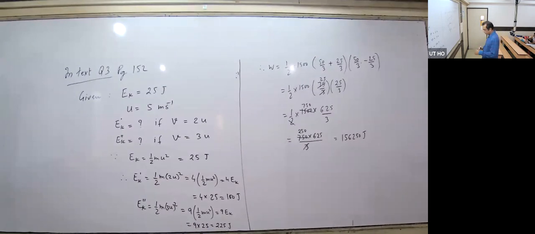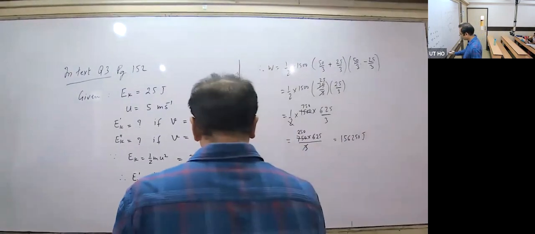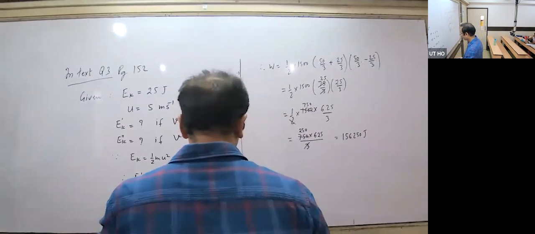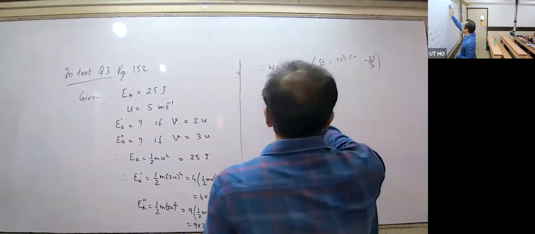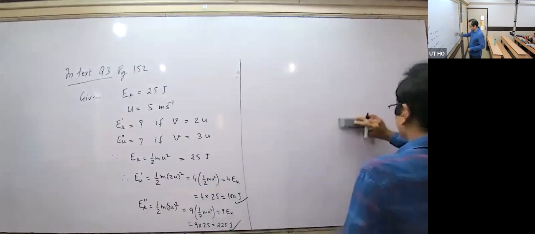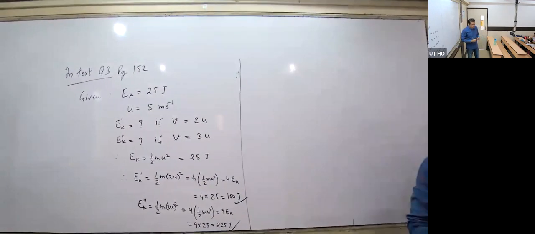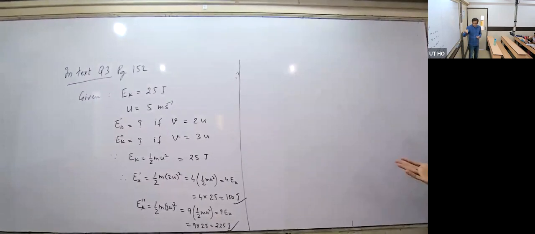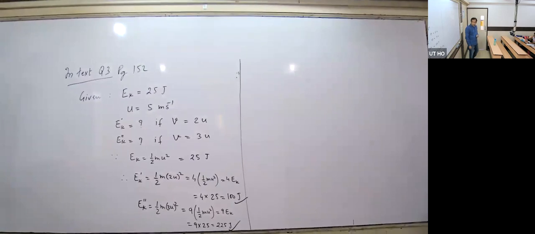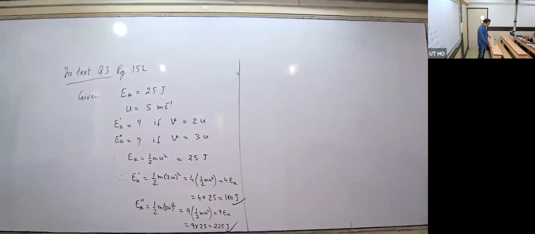Okay. So 100 joule and 225 joule. When the velocity is doubled, energy is quadrupled. And when the velocity is tripled, energy is 9 times.